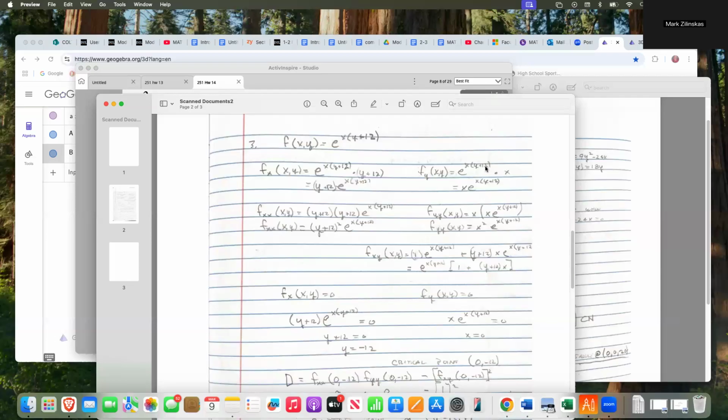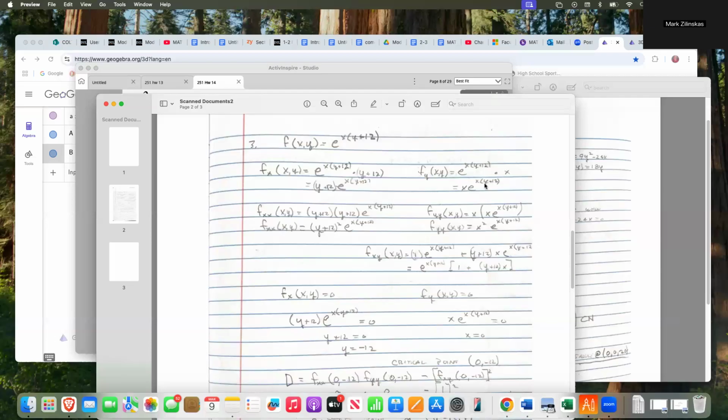So if we looked at this maybe as the product rule, derivative of the first, which is a constant, would be 0 times that, plus the second derivative of the second, which would be 1 times the first, which is just going to be 1 times x. So we end up with x times this thing right here.